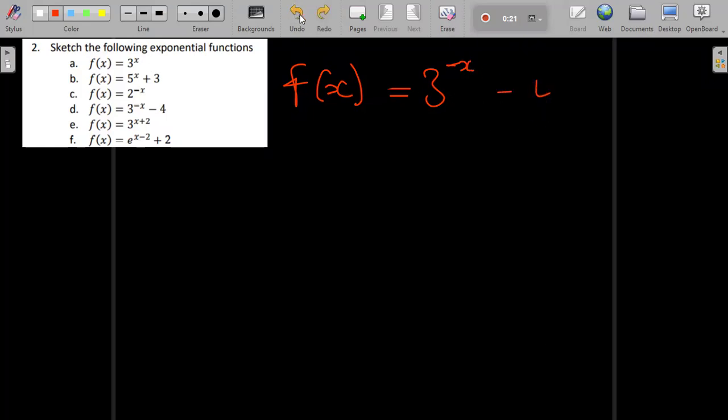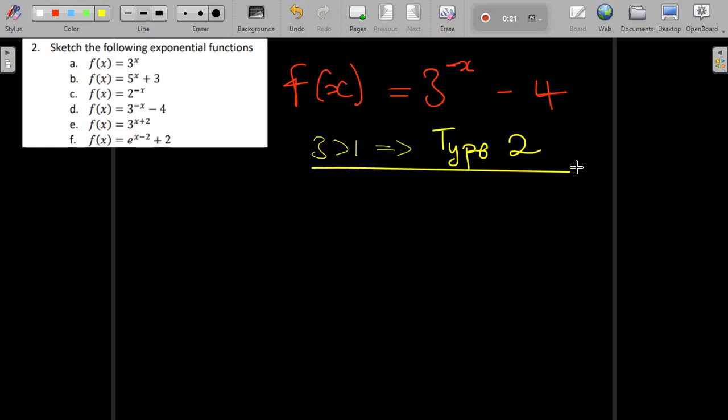This minus here in the power will change this graph from type 1 to type 2. Since 3 is greater than 1, we're expecting that it will be a type 1. But since it has a negative power, it's going to change to a type 2. So it will start from here and then go like that.